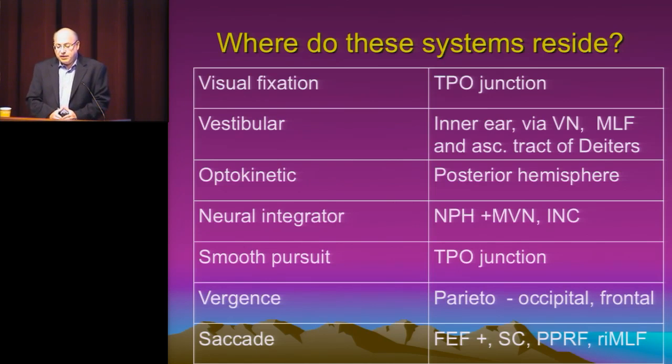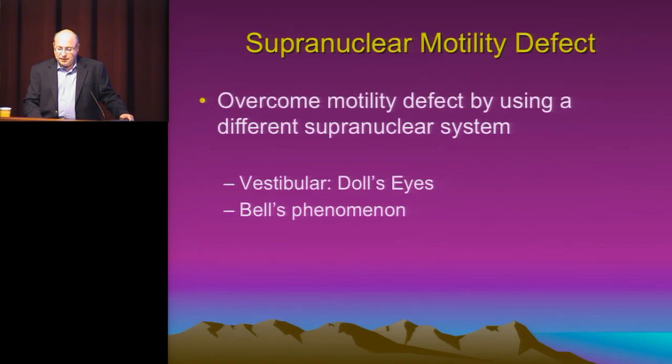The neural integrator is the nucleus prepositus hypoglossi and medial vestibular nucleus, as well as the interstitial nucleus of Cajal. Smooth pursuit is the temporal parietal occipital junction. Vergence is parietal occipital and frontal, and saccades are many sites, the frontal eye fields, superior colliculus, PPRF, and RIMLF.